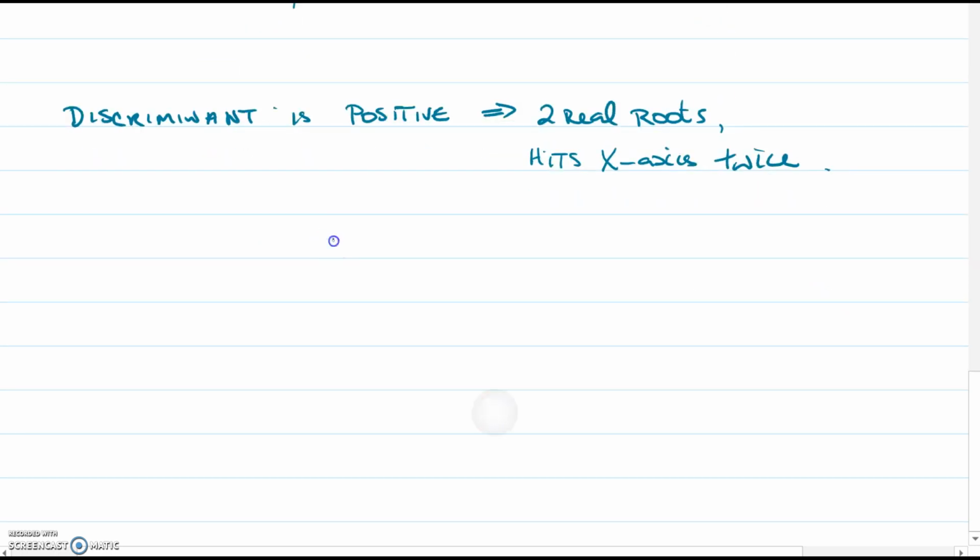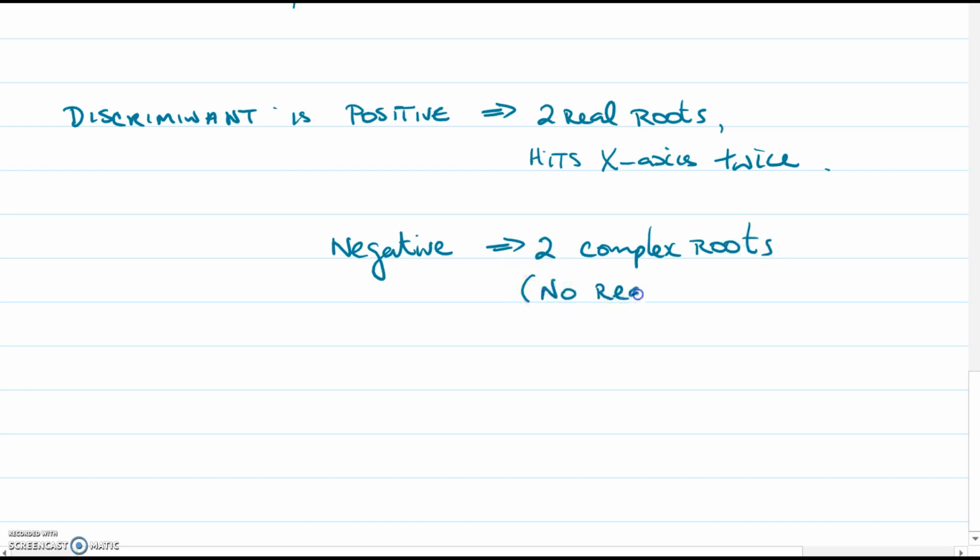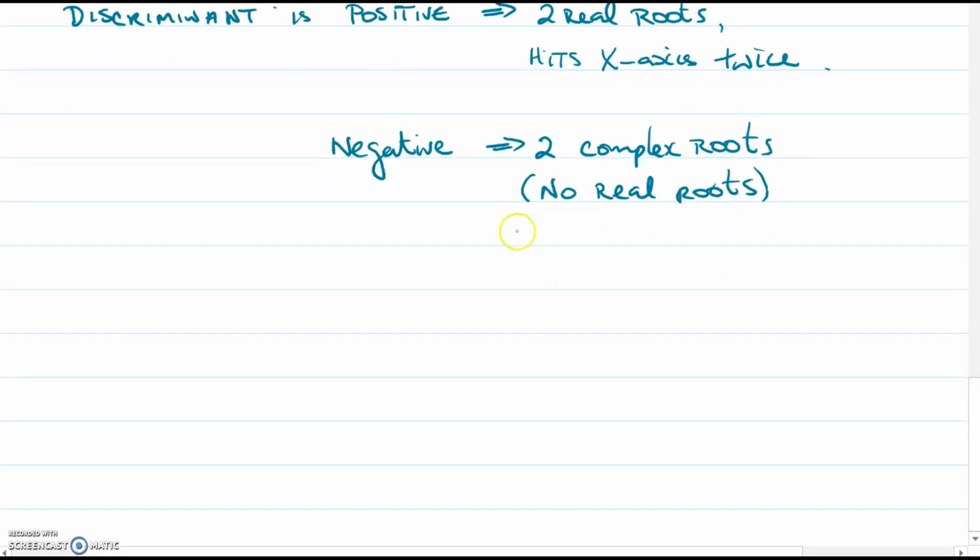If the discriminant is negative, there are two complex roots, no real roots, and the graph never touches the x-axis.